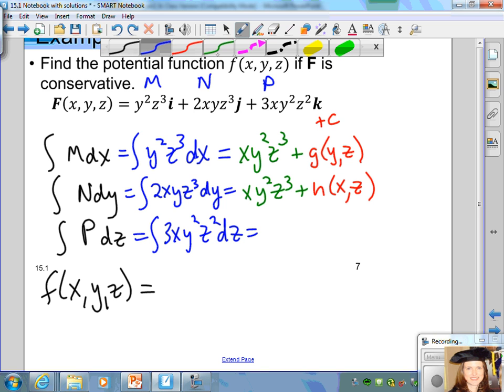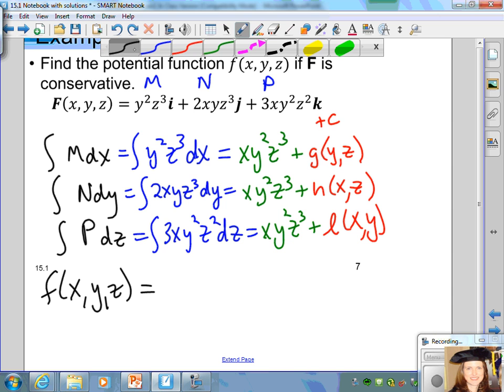That antiderivative ends up being xy squared z to the third, plus we could have constants here, and since we've used g and h, I don't want to use i, j, and k because we use those as our unit vectors. Let's use the cursive L as our constant function of x's and y's. So it could have constants or it could have x's and y's in it.